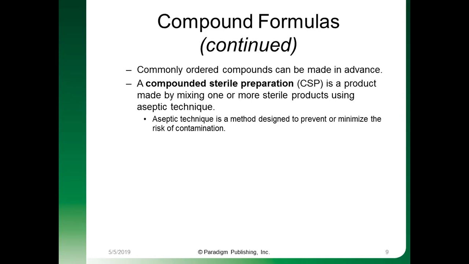So again, it's just preparing the medication where hopefully nothing is contaminated while you prepare the medication. So your area has to be sterile. You might wear gear to mix these types of medications. So again, it's very important that you do not contaminate the medication.